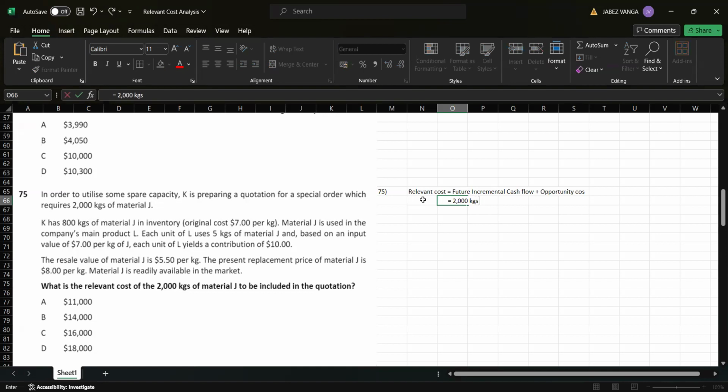Though there is 800 kgs of material available in inventory, it is being used for making the main product L, so it cannot be used. So all 2,000 kgs of material J has to be now purchased. The price at which it can be purchased is $8.